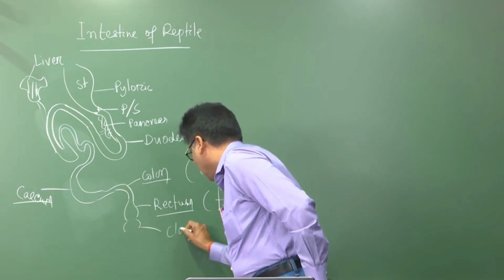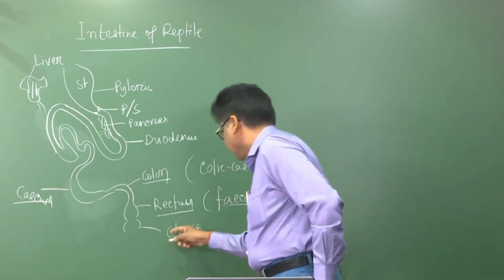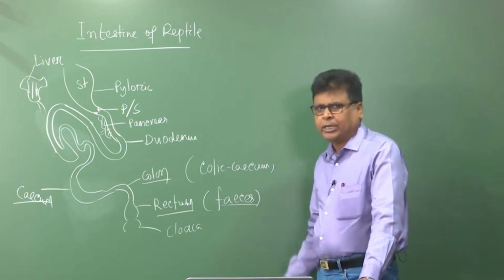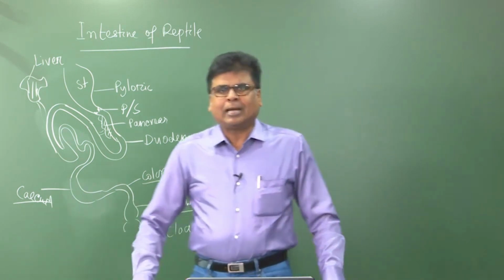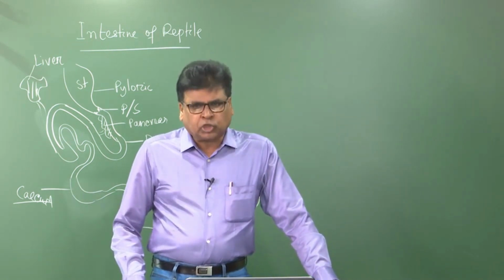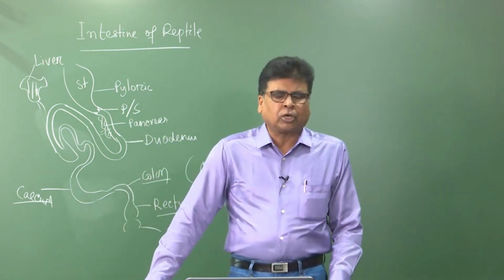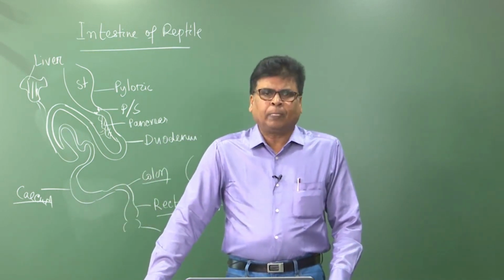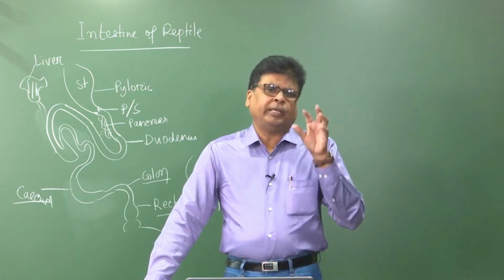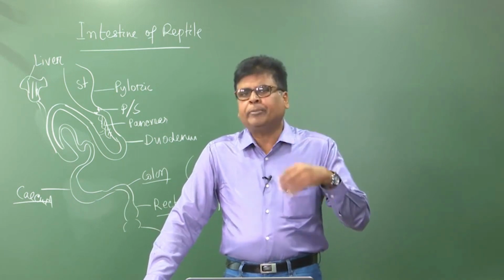This is the most important part in the case of the reptile, the cloaca, and the cloaca is the outermost or last structure of the large intestine from which the fecal material will be eliminated out.